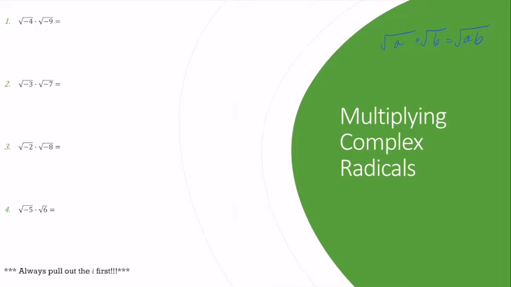But here we have to pull out the i first. So I'd have i square root of 4 times i square root of 9. That gives me 2i times 3i, which is 6i squared. Remember, i squared is -1. So that gives me 6 times -1, which is -6.